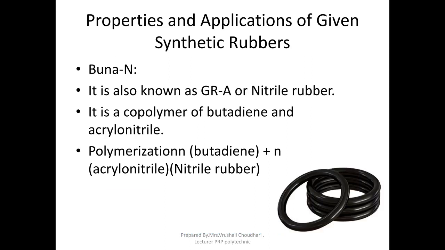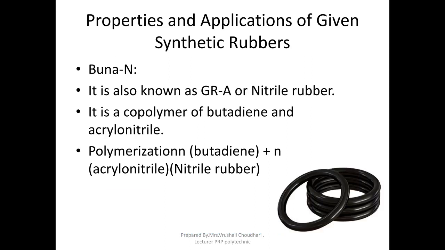Now we are going to learn synthetic rubbers, which are industrially or artificially manufactured. First one is Buna N, also called grade A or nitrile rubber. The components, meaning the chemicals required for manufacturing, are butadiene and acrylonitrile.